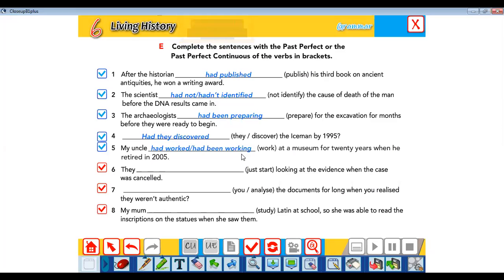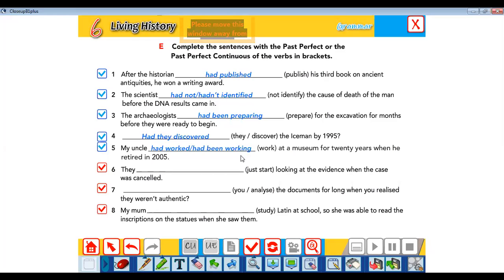I will tell you now that we have 5 verbs in English that you have to memorize. When you use these verbs, you can use them in the past perfect simple or the past perfect continuous. The first one is the verb work.